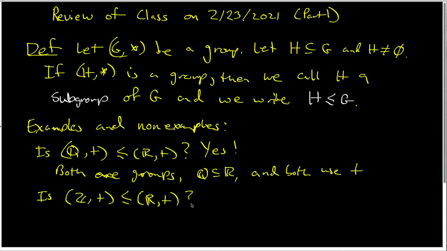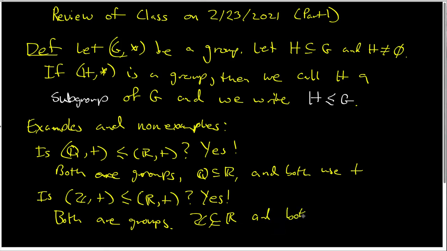Our second example is: is the set of integers a subgroup of the set of real numbers? And here again, the operation in both sets is plus. And the answer here again is yes, and it's very much the same reason. Both are groups. Z is a subset of the reals, and both use plus for the operation.